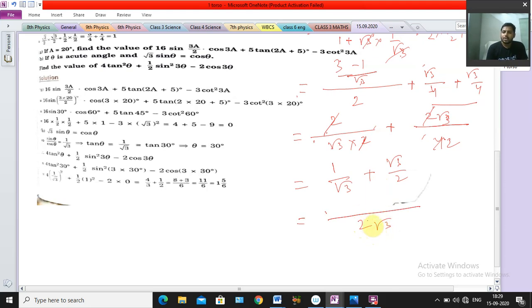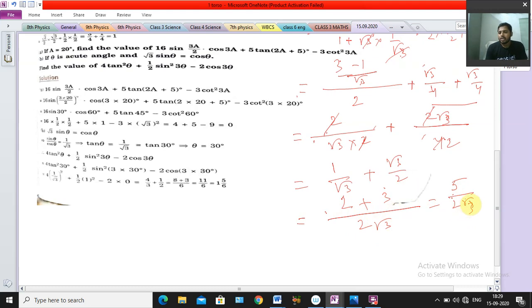If we take 2 root 3 as LCM, 2 root 3 divided by root 3 we get 2 only, plus 2 root 3 divided by 2, 2 will be cancelled, that means root 3 into root 3, 3 only. So we are getting 5 by 2 root 3.